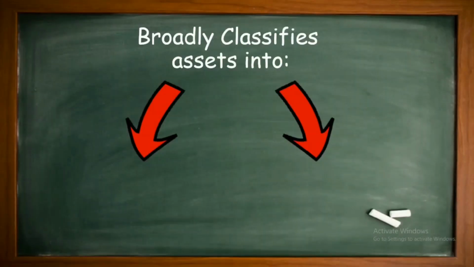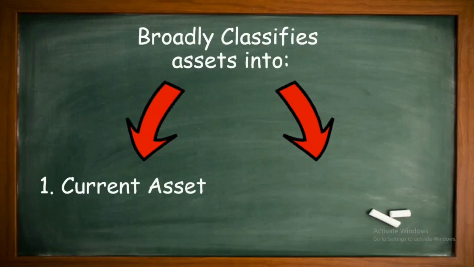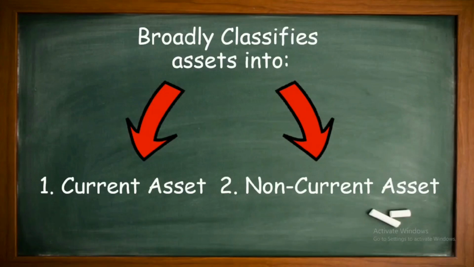Broadly classified, assets are number 1, current asset, and number 2, the non-current asset. An entity shall present current and non-current assets as separate classifications on the face of the balance sheet. However, it does not prescribe the order or format in which items are to be presented on the face of the statement of financial position.